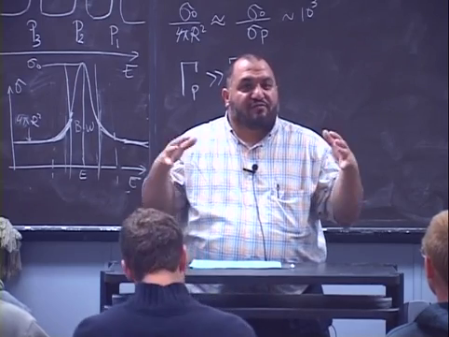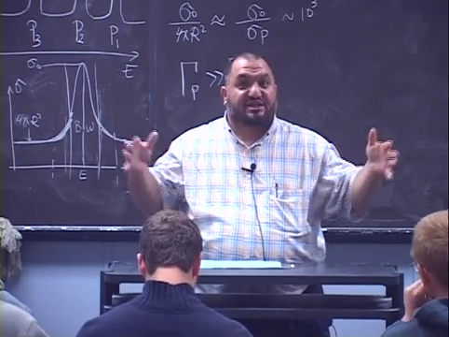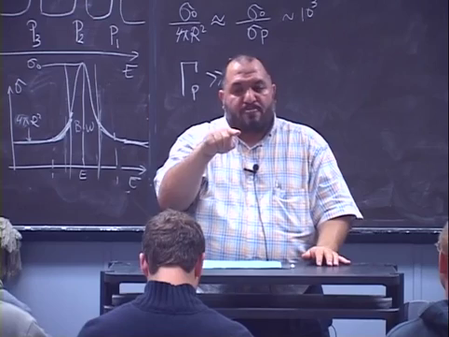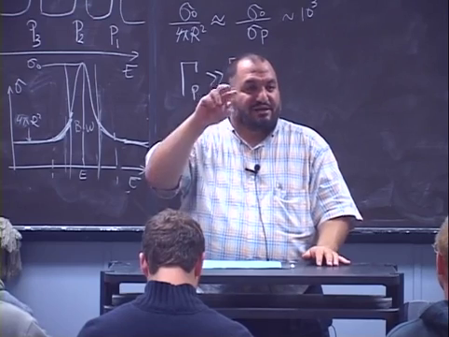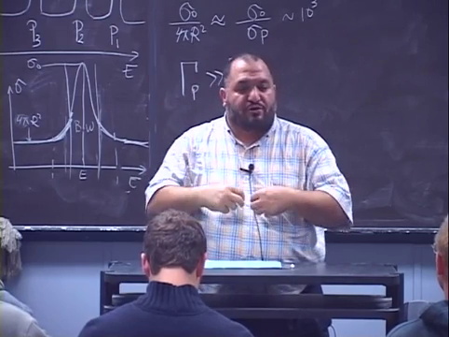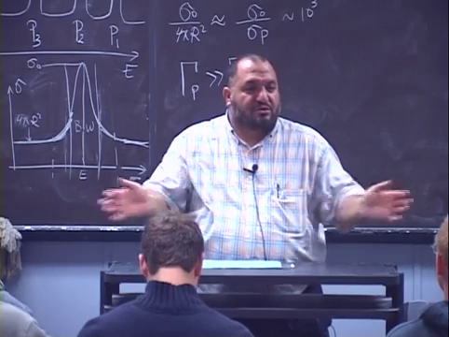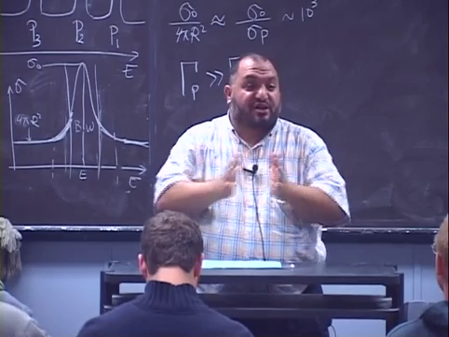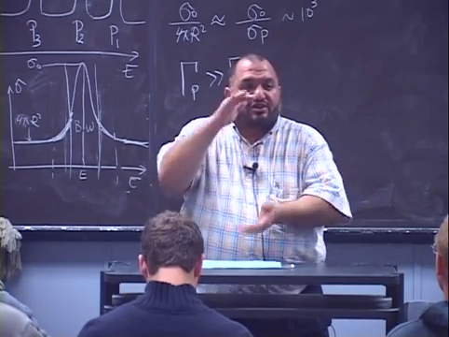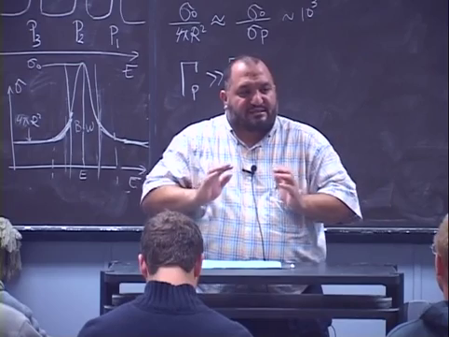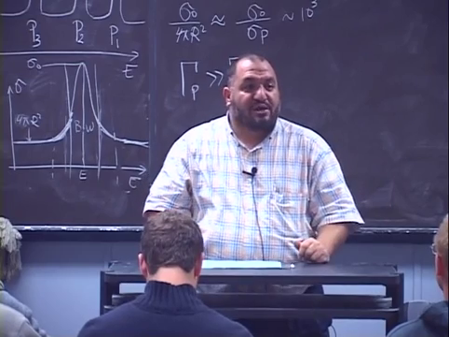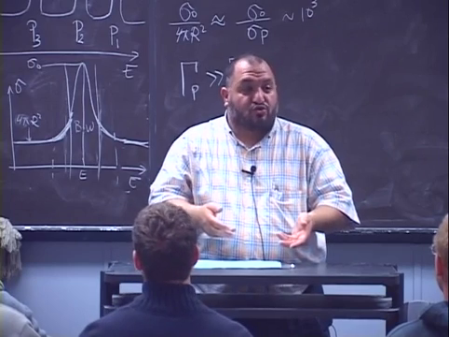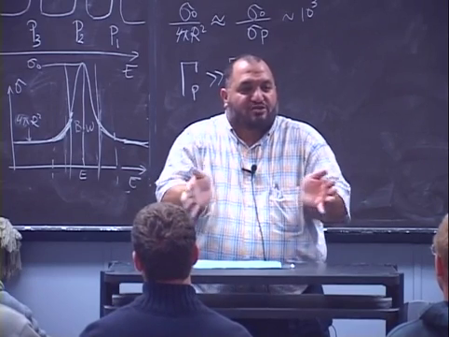If our nuclear reactor is so large that H over M, the dimension of the core over the migration length, is small for example, then if you have any perturbation in the core, the perturbation will propagate very quickly.